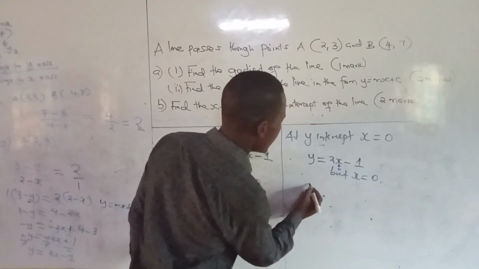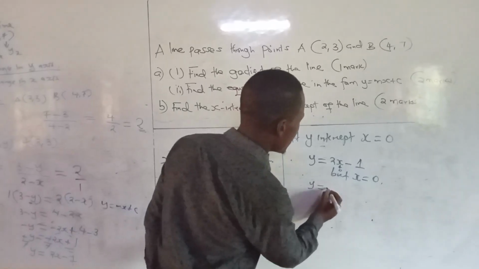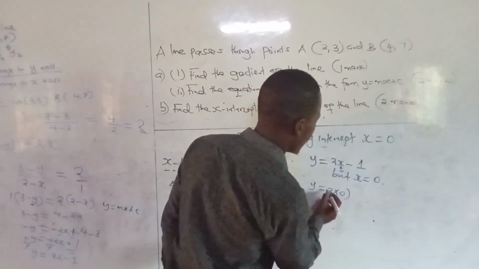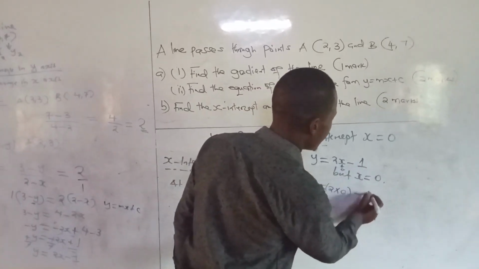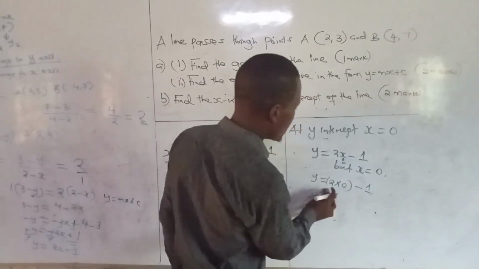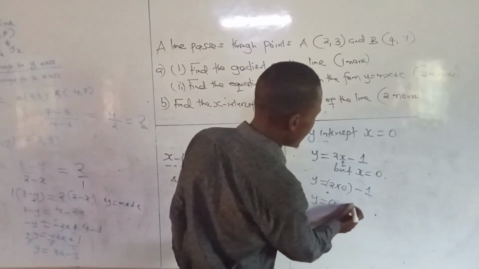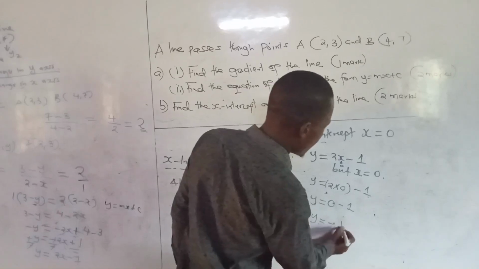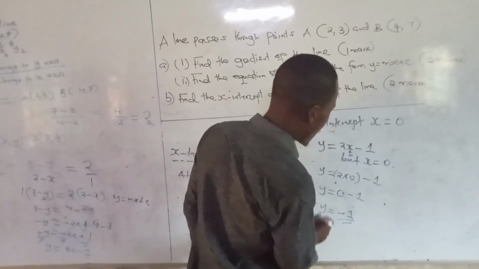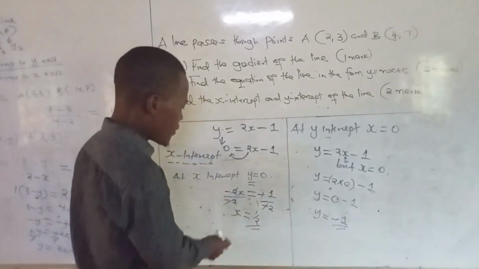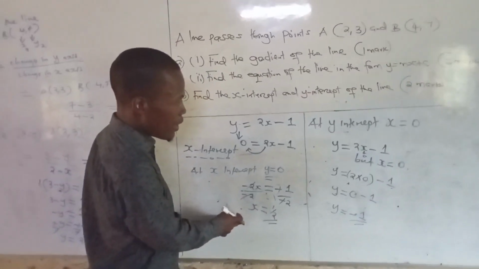So now we have y is equal to 2 times x, but x is 0. And use a bracket, less 1. So this one will be y is equal to 2 by 0 is equal to 0 minus 1. So y will be negative 1. So our y-intercept is equal to negative 1, and our x-intercept is equal to a half.